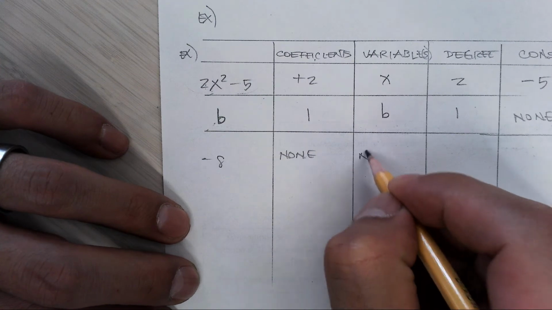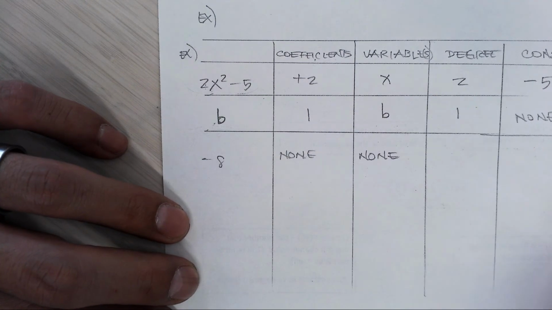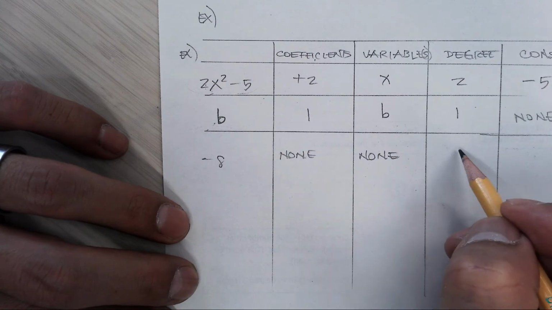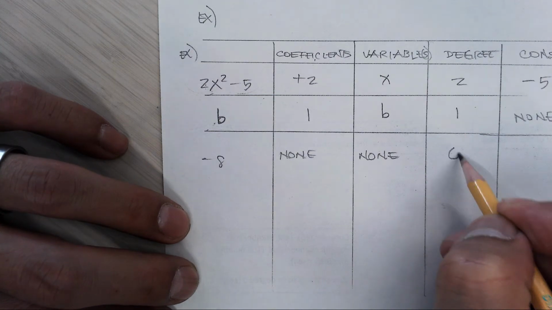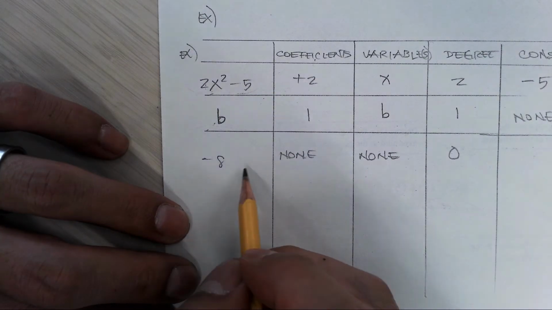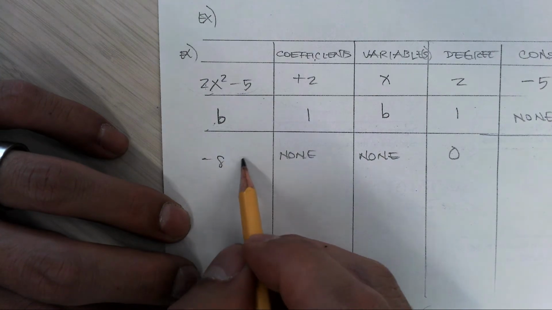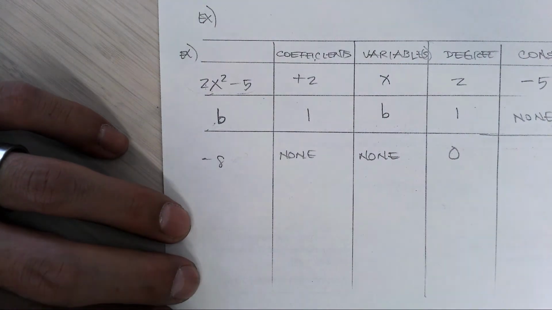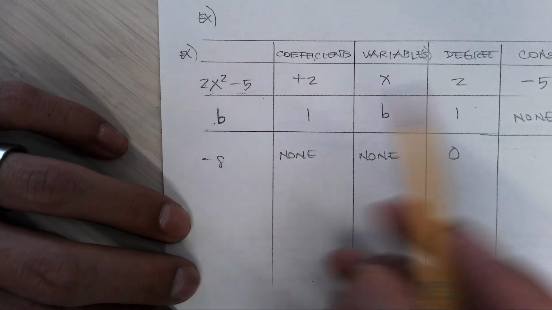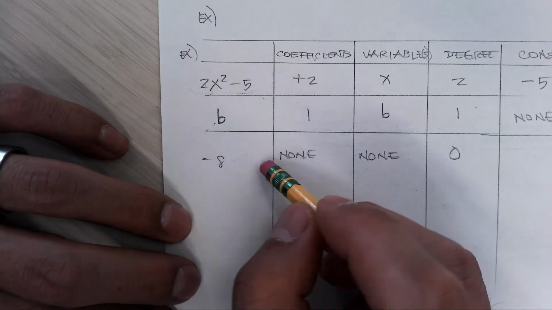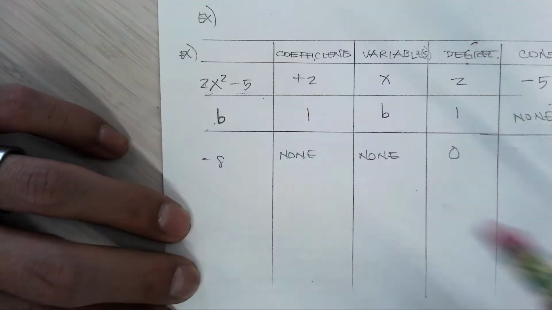Variable, also none. The degree for this is not 1, but it's 0, because if it did have a variable, let's say x, that would be x to the exponent 0, because anything to the exponent 0 is equal to 1. And negative 8 times 1 is just negative 8.